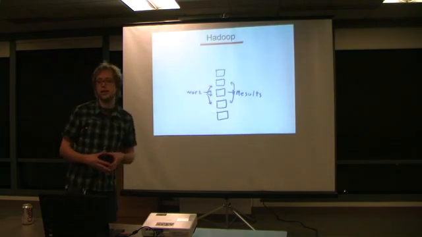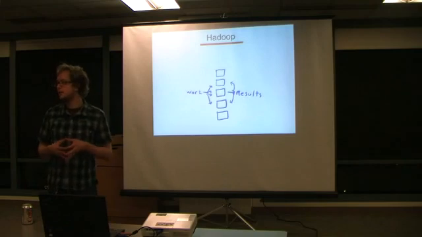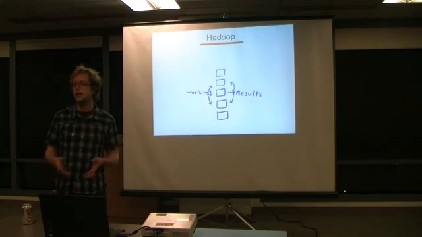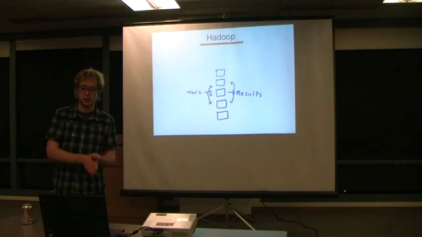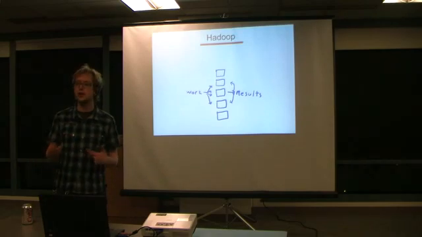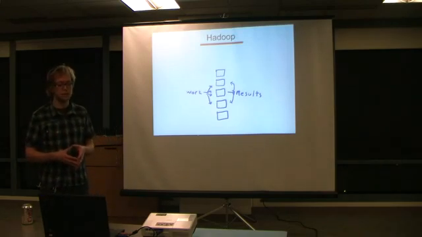So what Hadoop does is it's a batch processing framework and distributed file system for handling really large amounts of data. It's modeled after Google's Google File System and MapReduce, and it provides both a framework for distributed computation as well as a way of distributed storage.